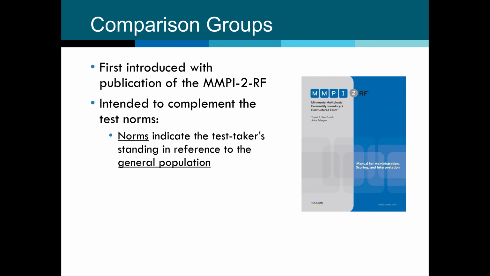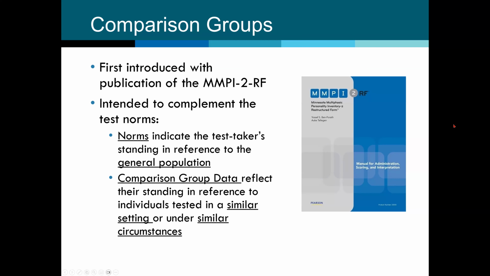So, of course, that's the primary vehicle for interpreting scores on the MMPI, looking at the T-scores and following the interpretive guidance in the test manual for identifying empirical correlates associated with various T-score levels, for example, on the MMPI-3.